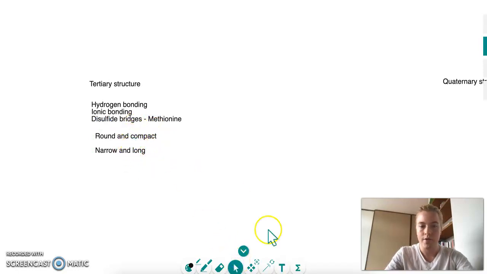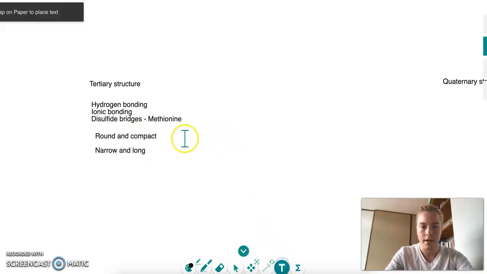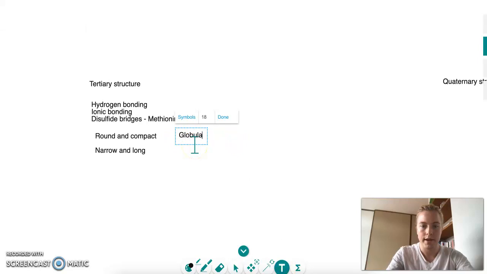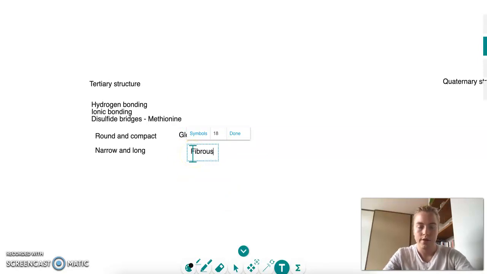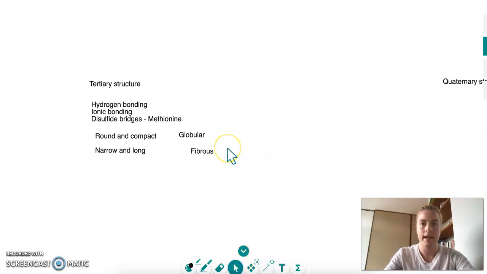So if you have a round and compact protein, we'll call that a globular protein. And if you have a narrow and long protein, that will be a fibrous protein. So this is significant because they'll then play different important roles within the body.